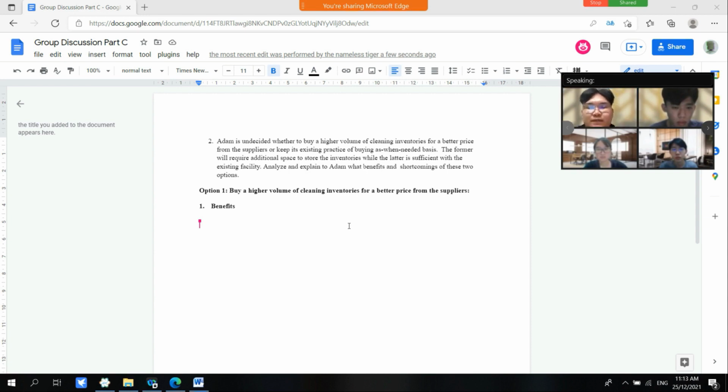So I will start first with my answer. Option 1 will be to buy a higher volume of cleaning inventories for a better price from the suppliers. The first benefit, I think, is that holding inventory on hand can avoid lost sales.